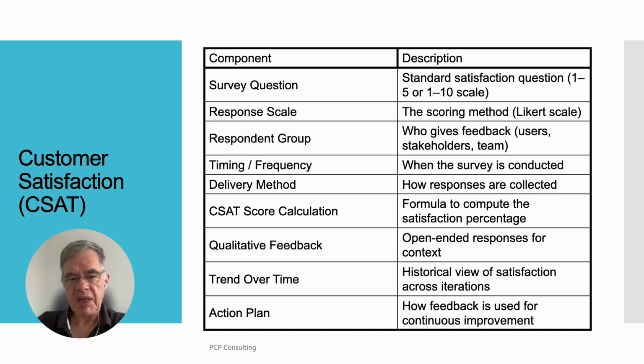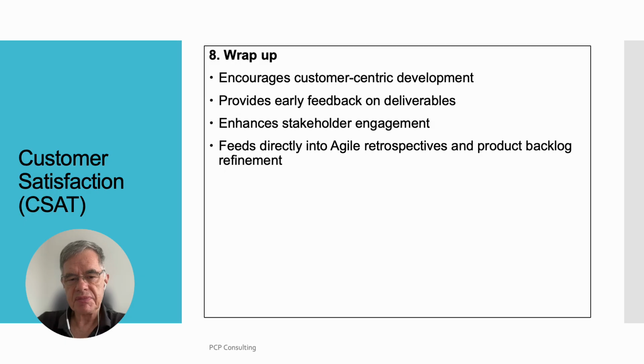Delivery method, how responses are collected. CSAT score calculation, formula to compute the satisfaction percentage. Qualitative feedback, open-ended responses for context. Trend over time, historical view of satisfaction across iterations. Action plan, how feedback is used for continuous improvement.